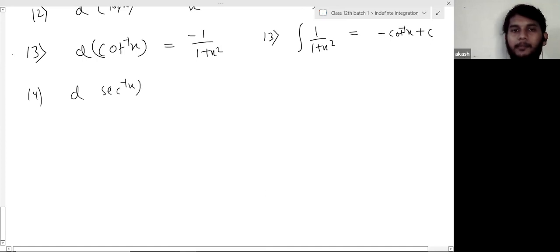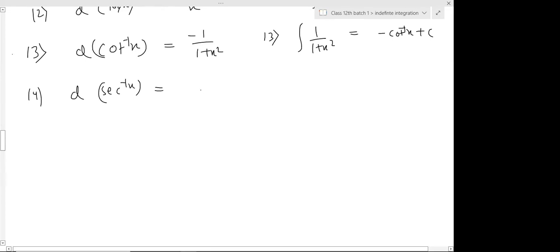Differentiation of sec inverse x is 1 by mod x root x square minus 1.